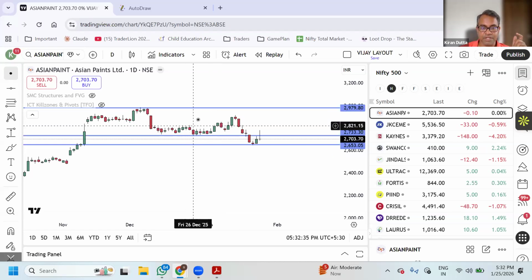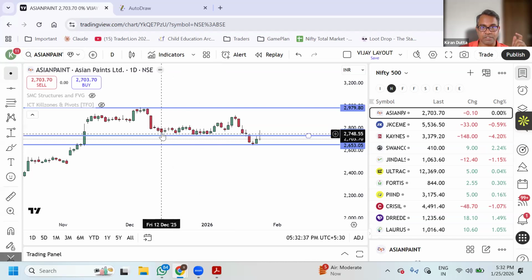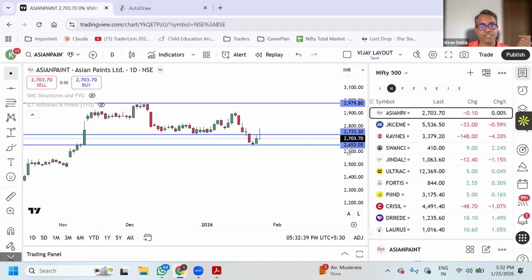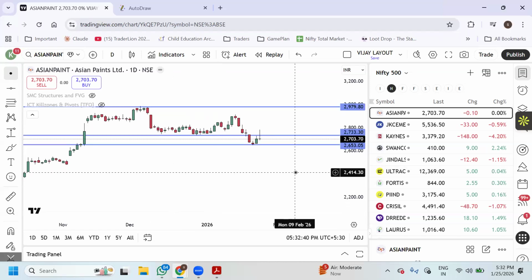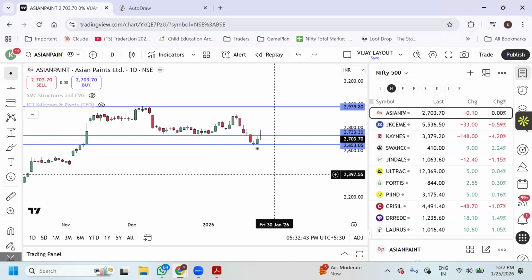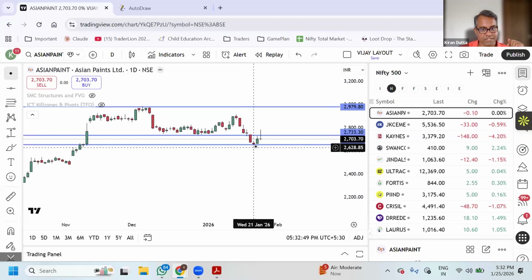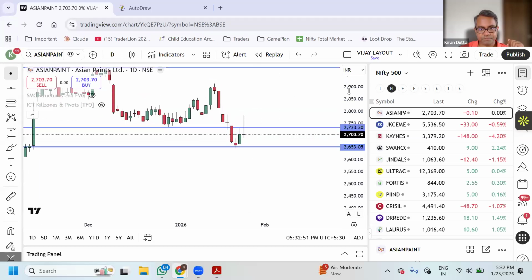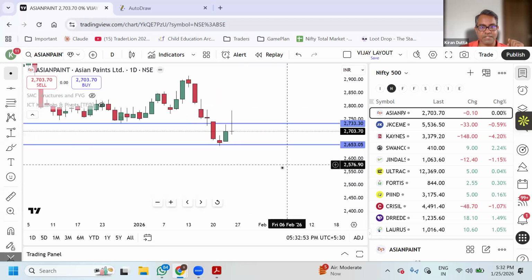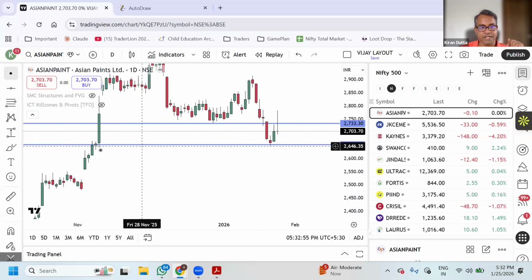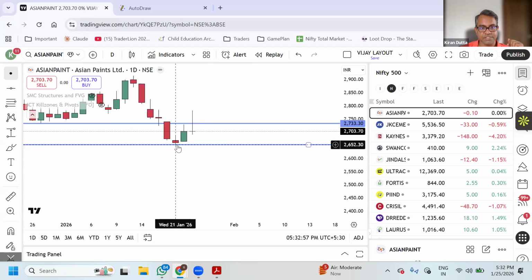Can I say Asian Paints is a little bit stronger, relative to what is happening in the market? Yeah. It went up to here, but it was not able to sustain and it came down. Now, what exactly has happened here? Let's analyze these three candles. It exactly took support here, and then the next day there was a green candle.